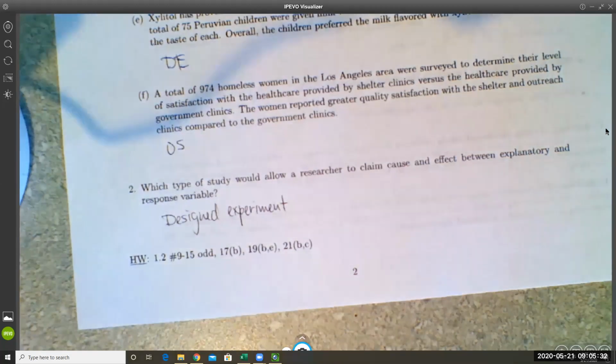Another thing about observational studies is that even if there is a correlation between two variables, that doesn't mean that one of them is causing the other one to happen, because there could be a lurking variable, right? Like a third variable that's actually causing the other two variables to both change.